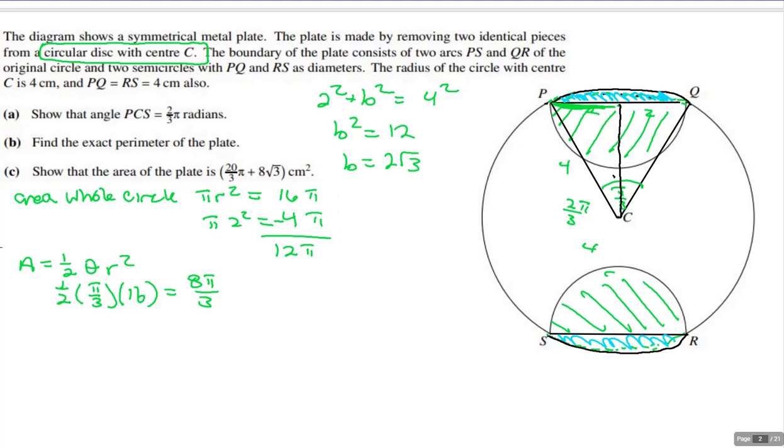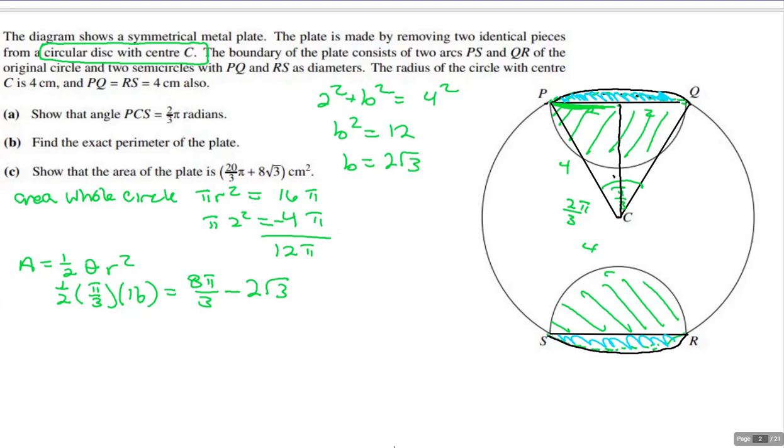Yes? Mm-hmm. All right, now, what I've got to do is take that away, right? Yeah. So what's 8 pi over 3 minus 2 square root of 3? Oh, wait a minute.